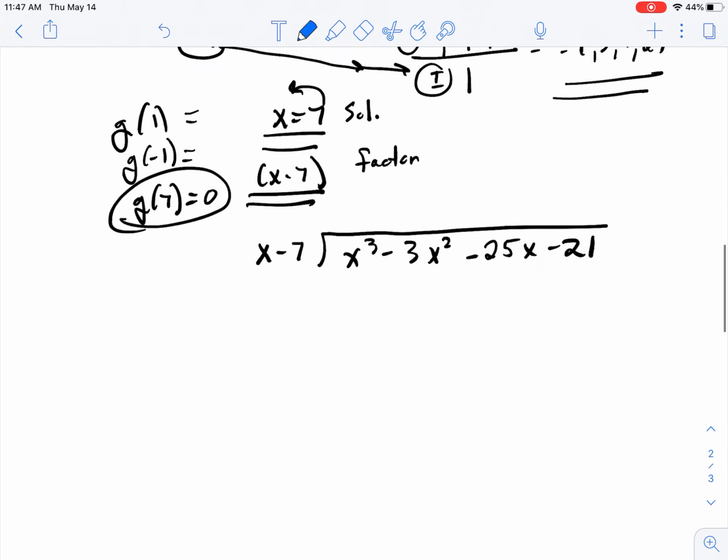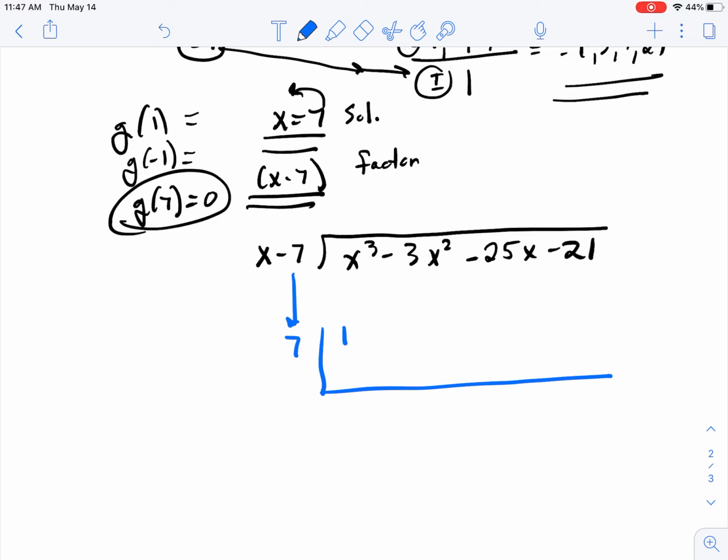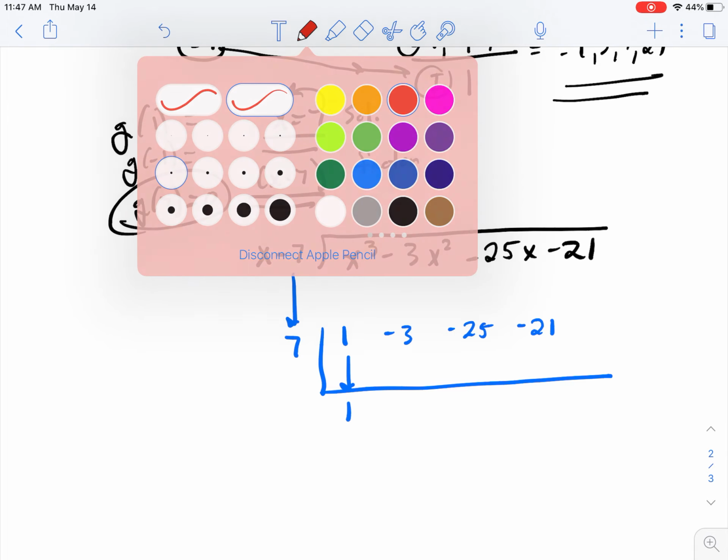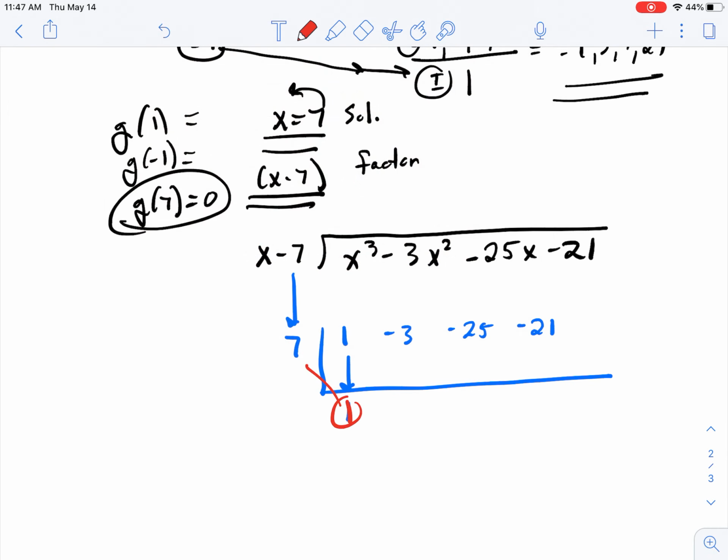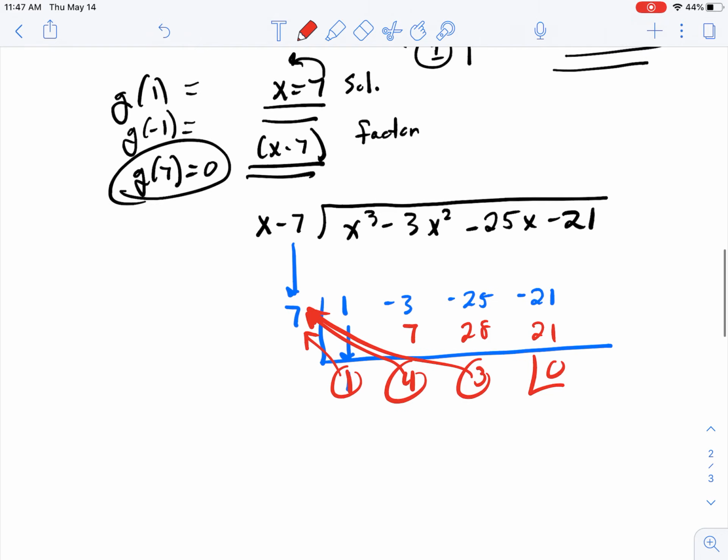Let's bring this and move it up here, change the signs, and this should go to 0 because our calculators told us to. Bring this down, and let me change colors here. Multiply 4, multiply 28, 3, multiply 21, and lo and behold we get 0.